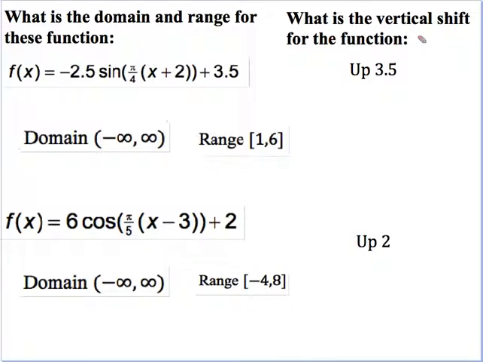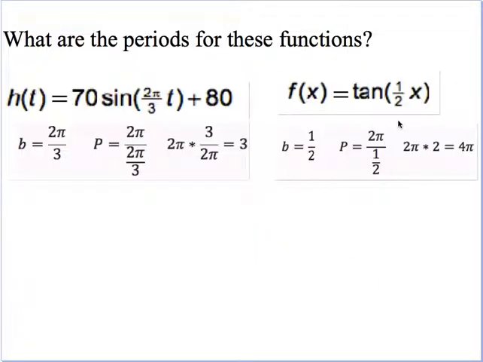And then what is the vertical shift for this function? You're looking at your d value, the vertical shift. Are you moving it up or down? In this case, because it's a plus sign, it's going 3.5 units up. Over here, it's 2 units up. Super easy, right?